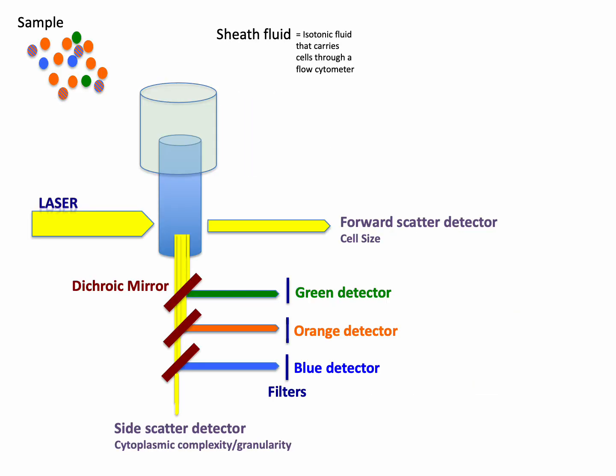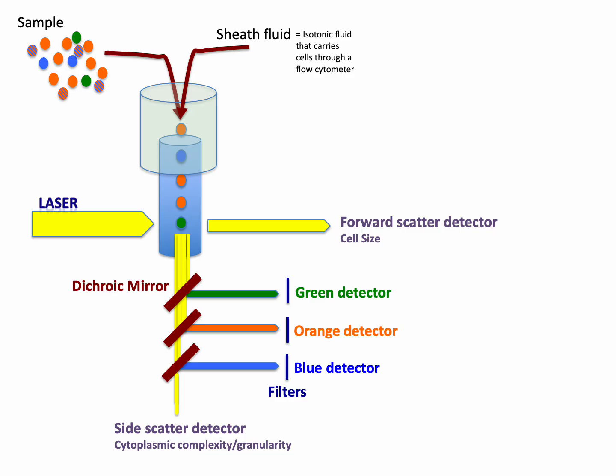Let's now extend that schematic representation even further. We're taking our stained sample of cells and combining it with something called sheath fluid, which is an isotonic fluid that carries cells through a flow cytometer in single file fashion. As the cells go through the flow cytometer, a laser light is shined on them, and the light that carries through as forward scatter is detected.